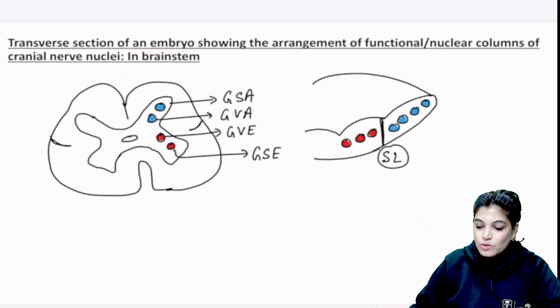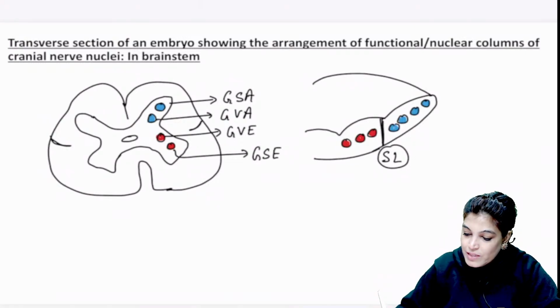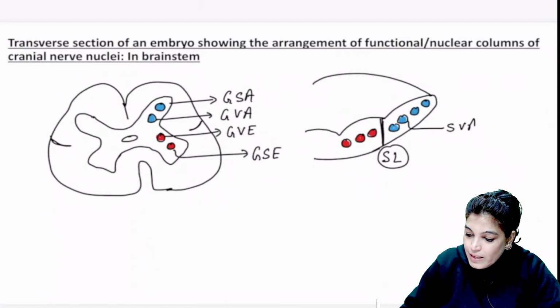Now, how to understand? Firstly, there was just the formation of 4 functional columns. But in between the general somatic afferent and general visceral afferent, there is special visceral afferent.